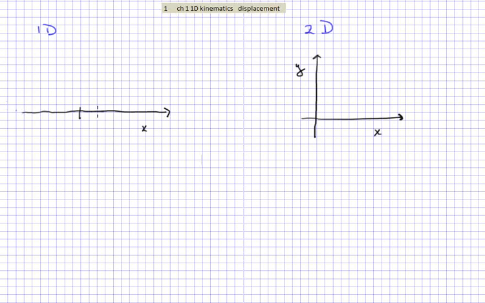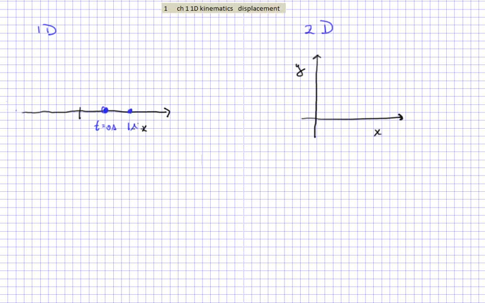And so let's say that we have a person that's moving, and that at time 0 they're at the position shown, and then at some later time t is equal to 1.